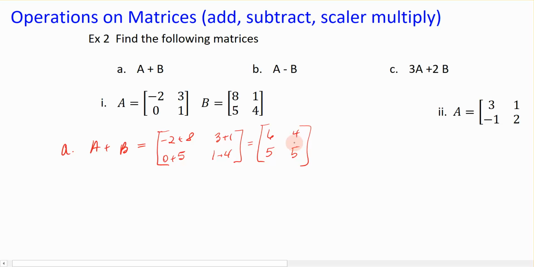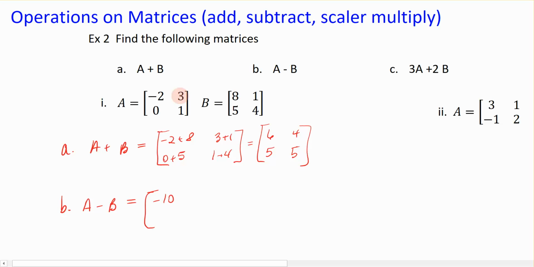Okay, so what happens then if I subtract A minus B? So I have matrix A minus matrix B. And I'm not going to go through the long-handed route, but it follows the same process. Each element from B subtracts from each element from A. So if I have row 1, column 1 minus row 1, column 1 here, that's -2 minus 8 would be -10.